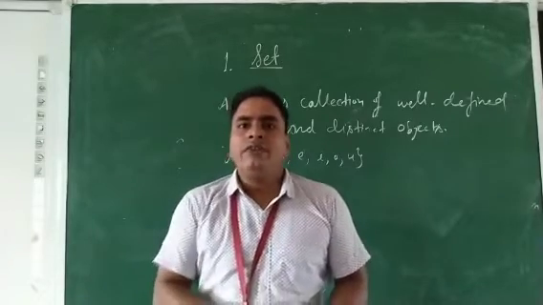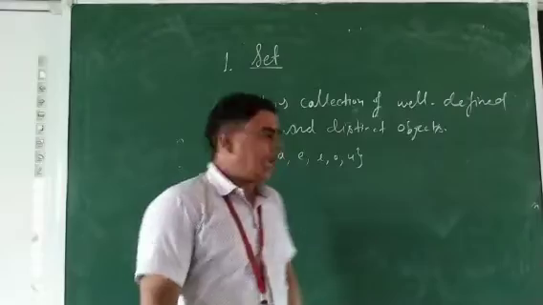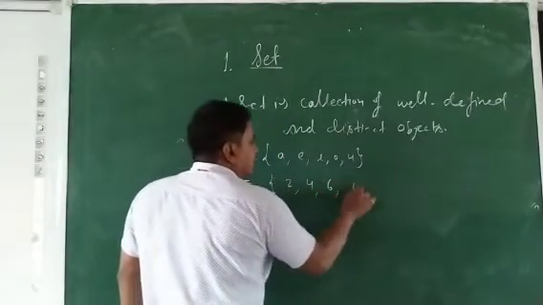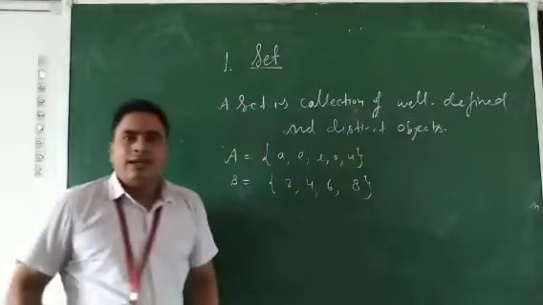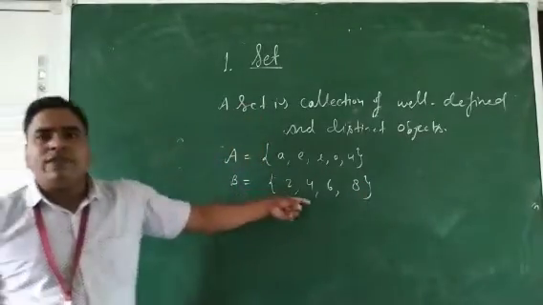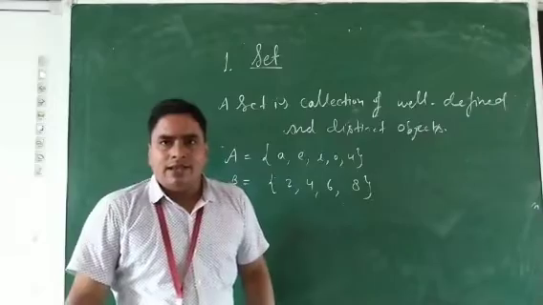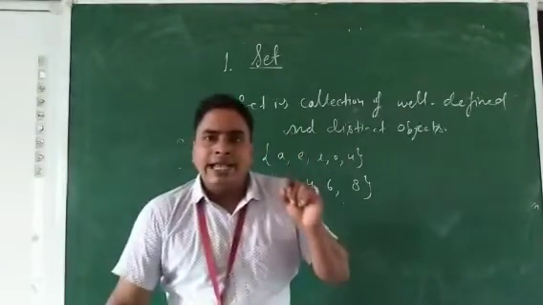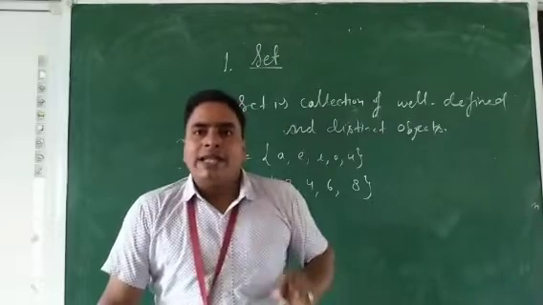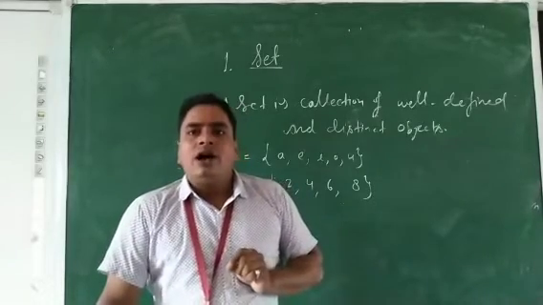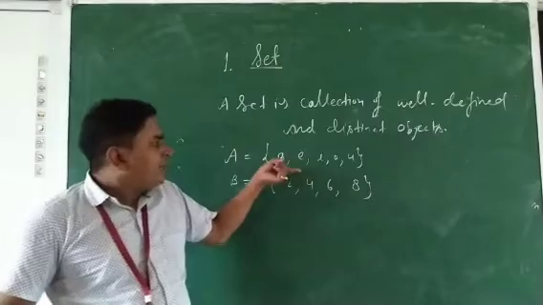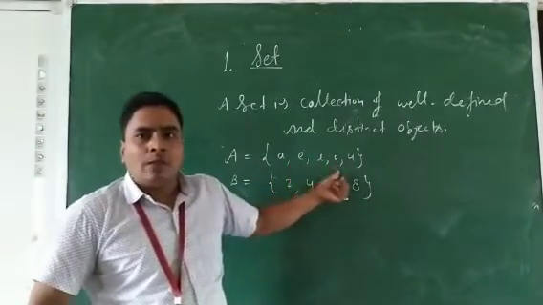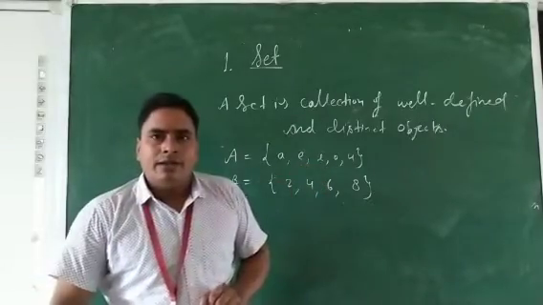So here we write 2, 4, 6 and 8. So in this roster or tabular method, we can represent each element of a set separated by a comma within the bracket. Clear?